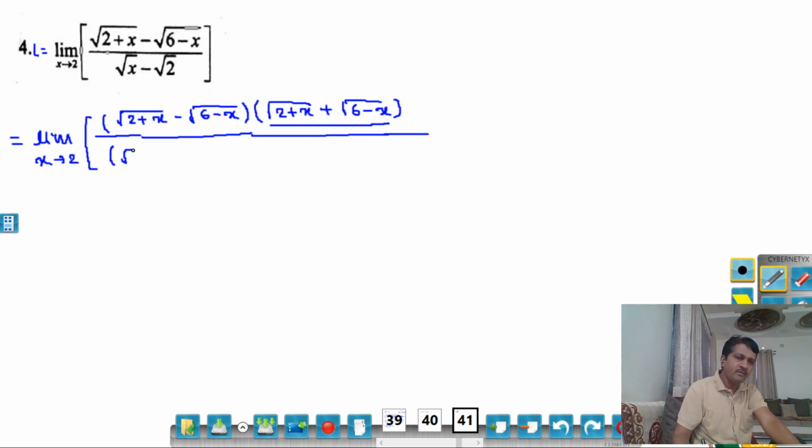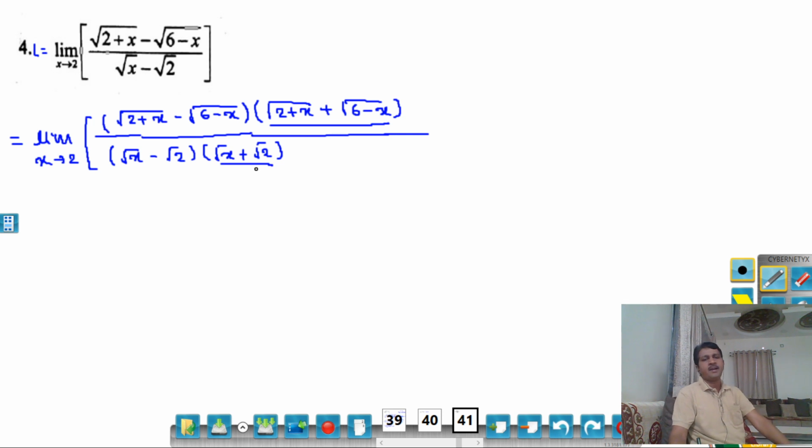The rationalizing factor of denominator is square root x plus square root 2, and now this is the extra term in the denominator, means I have multiplied the denominator by this, so I should multiply the numerator also by this. So adjust that.